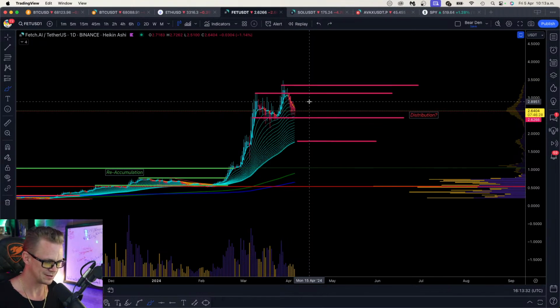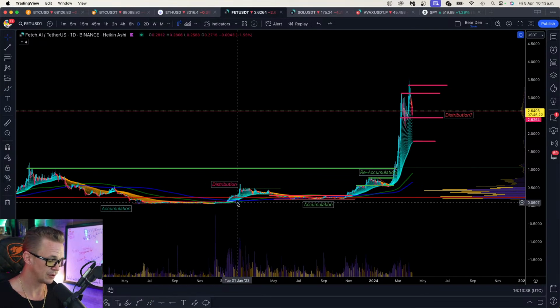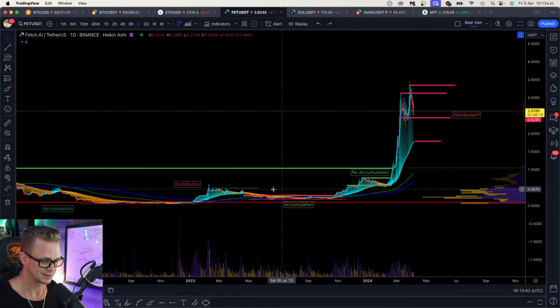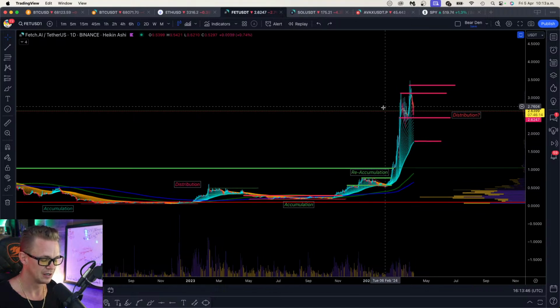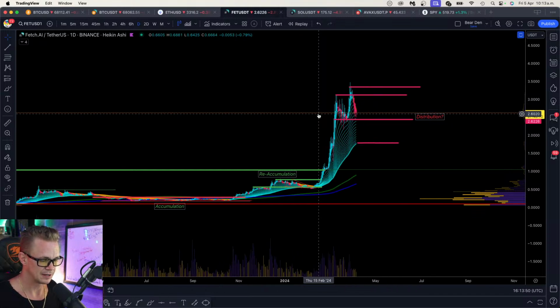There's a few different ways to look at what distribution looks like, but more importantly, one of the simplest ways to do it is just to look at where we've been already. So if Fetch is up 50 to 60x, we've seen multiple accumulation, distribution, accumulation, reaccumulation. The next thing we would expect to see is some type of distribution. Now, it's not always the case.